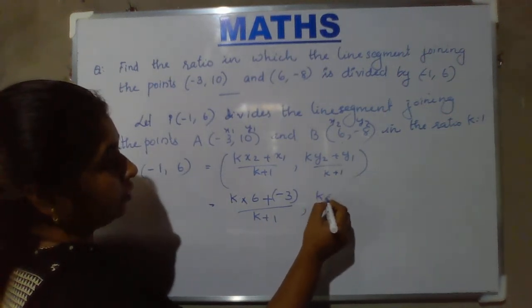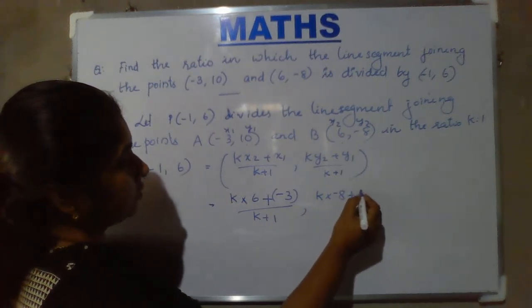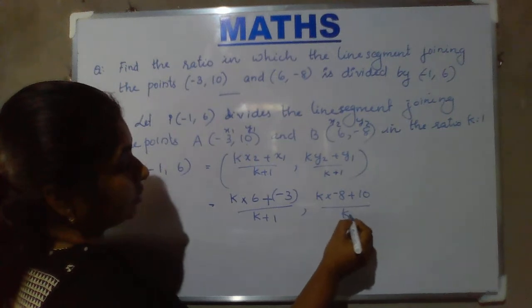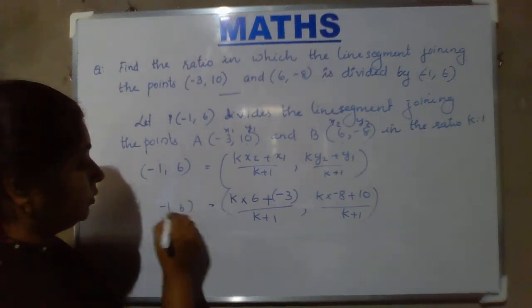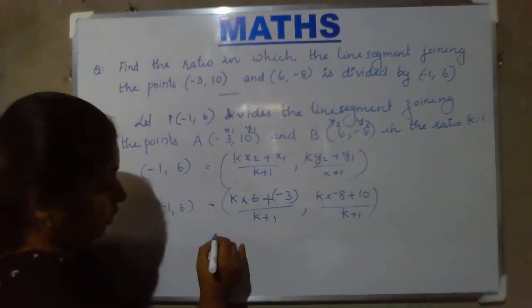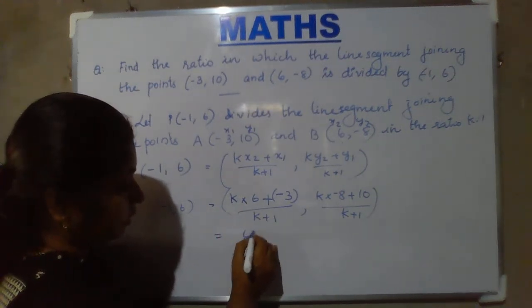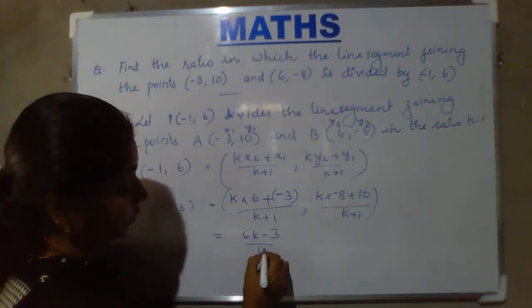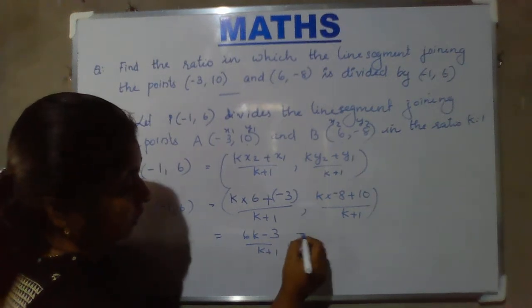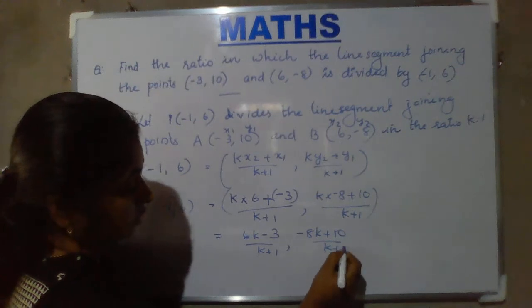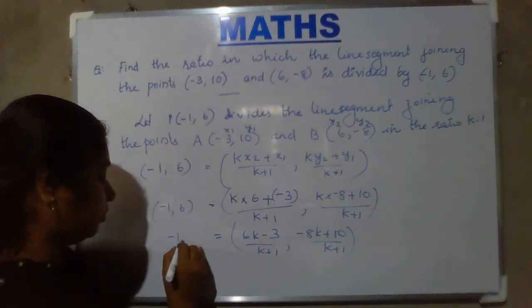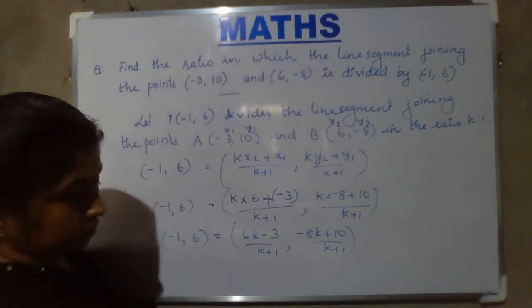And k y2, k into -8, plus y1, which is 10, by k + 1. Now 6 into k is 6k - 3 by k + 1, and here (-8k + 10) by (k + 1), which is equal to the ordered pair (-1, 6).